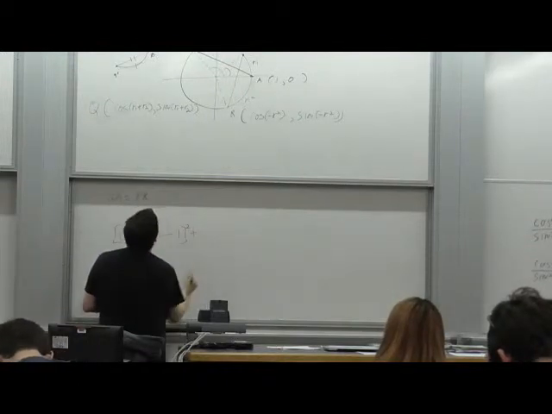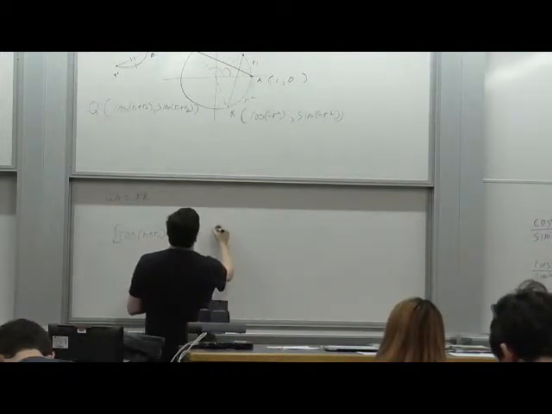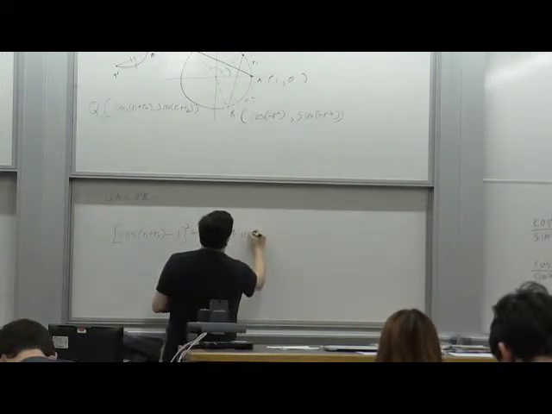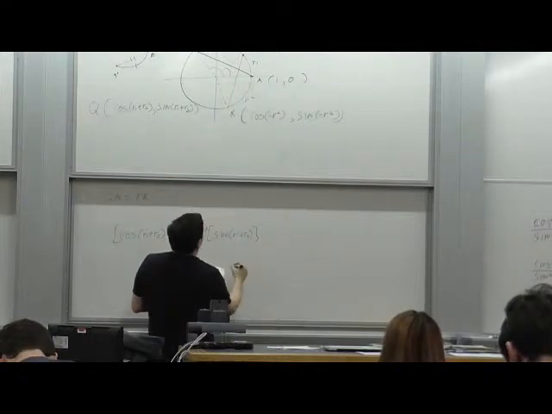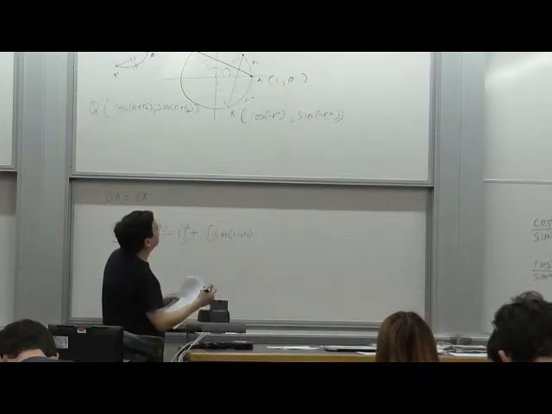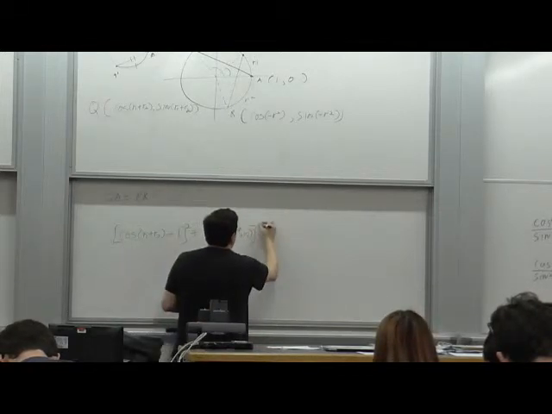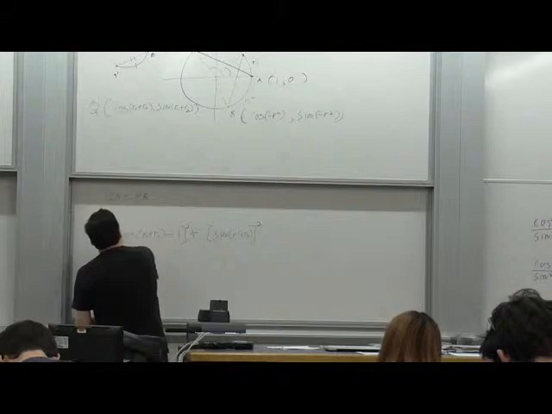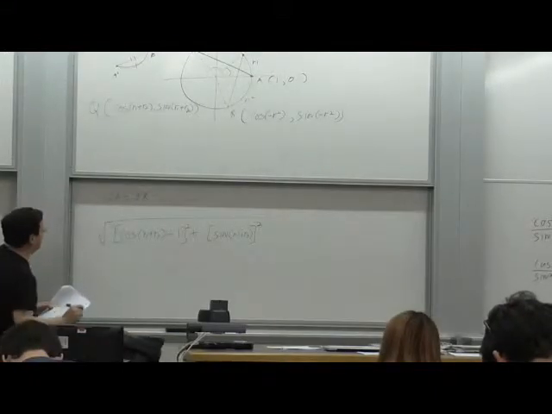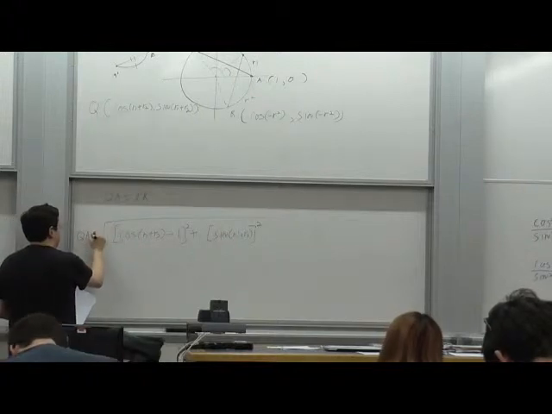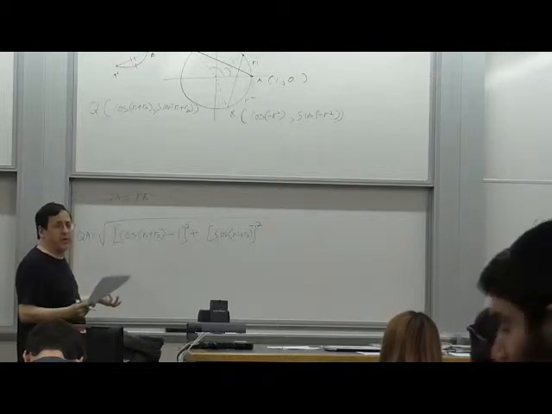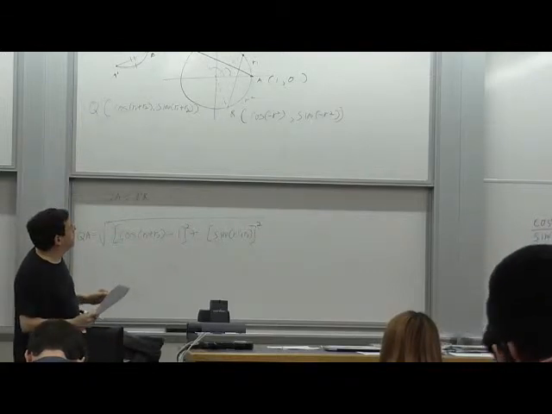I square that, and here I take the sine of R1 plus R2, and I subtract 0, because that's the coordinate of A. I square it, and I find the square root, and that's my distance QA. Everybody see that? I'm just taking the coordinates I wrote down, and I'm finding the distance between those two points.